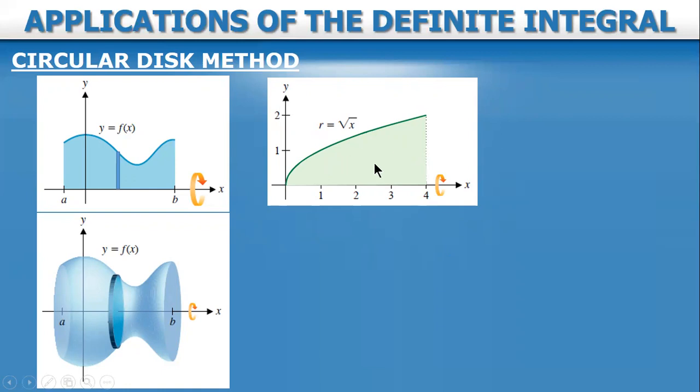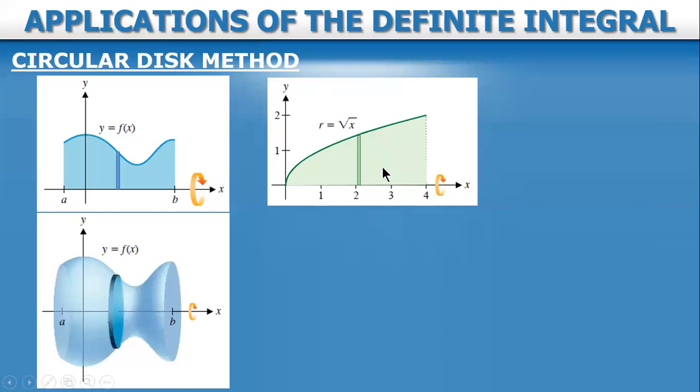You have this region or plane area and you want to revolve it about the x-axis. In order to get a circular disc, you must consider a vertical strip. If you consider a horizontal rectangular strip, you will not get a circular disc, and that will be a different method.